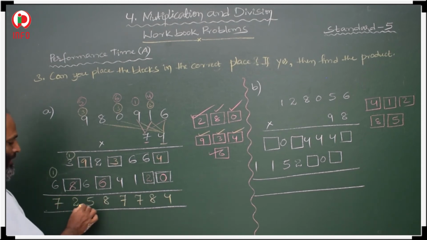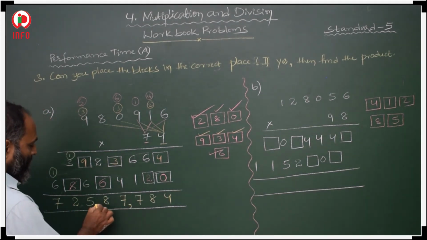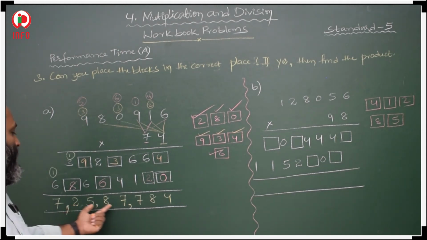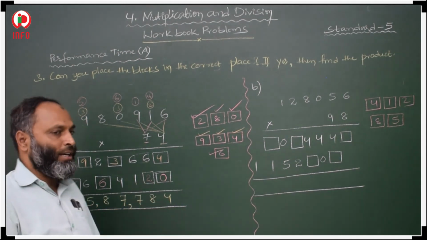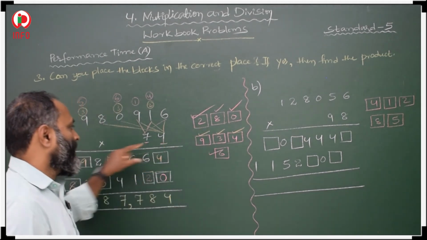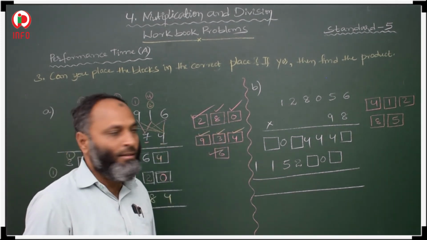It is our 72. First you keep commas from here. 7 crore, 25 lakhs, 87,784. So in this way we have to replace in the given blanks with the suitable numbers.